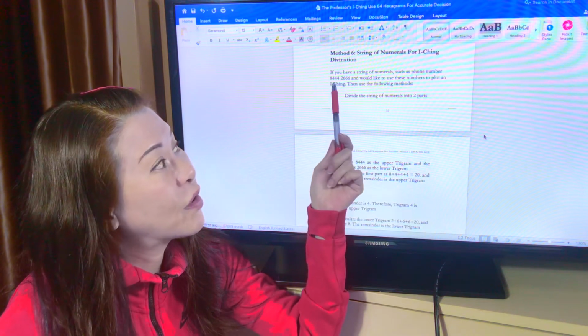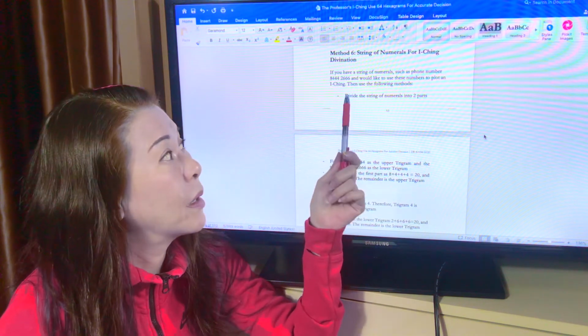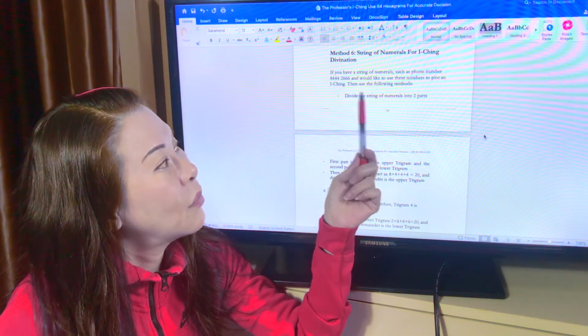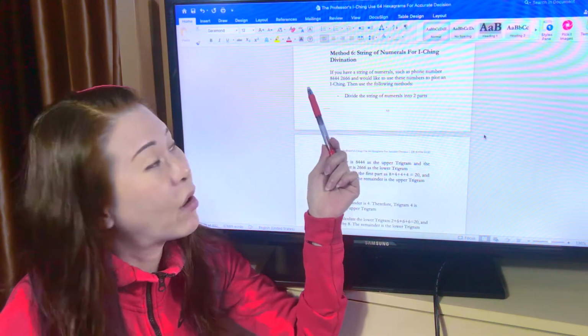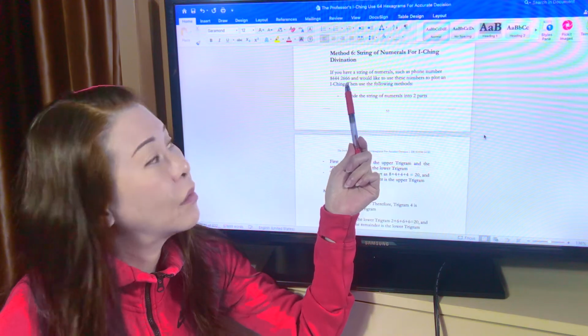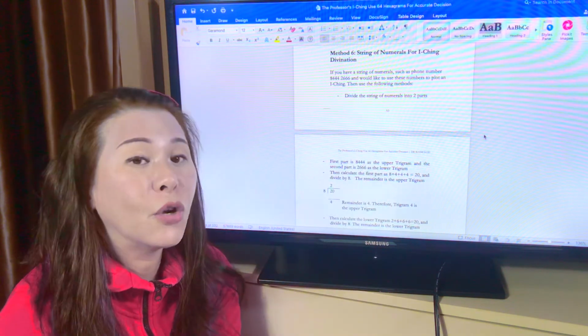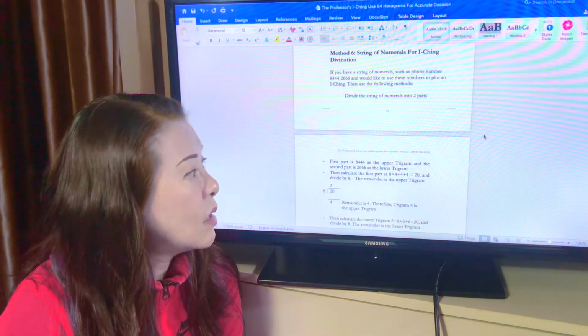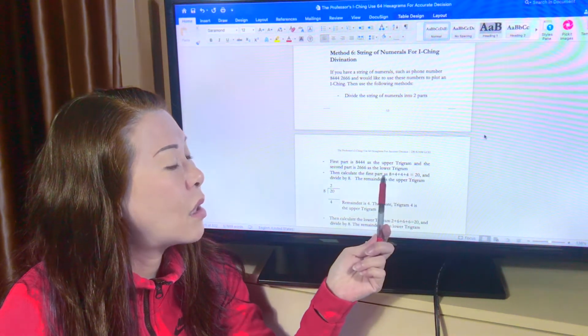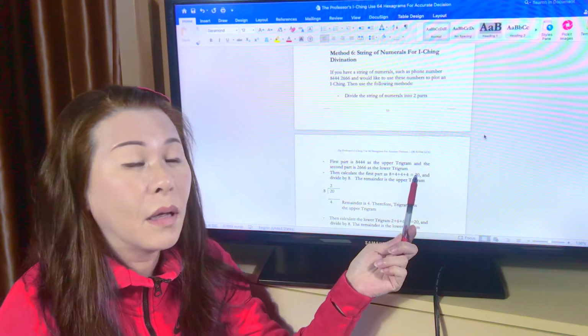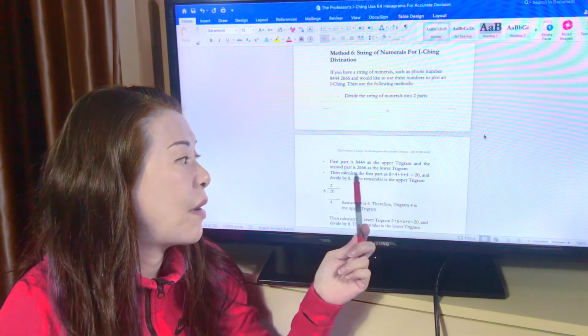If I make use of my phone number, what I do is I divide the string of numbers into two parts. The front part is the upper trigram, the second part will be the lower trigram. So what do I do? I add up the total of the first part, then I get 20, and I divide by 8.